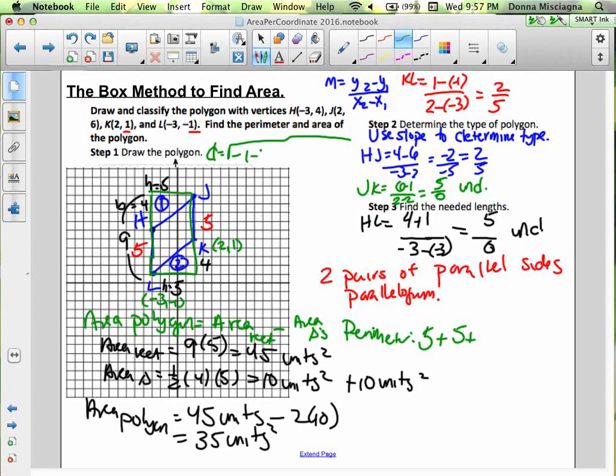Oops. I don't know why I put the y values first. This one, it's the x values. Let's see, -1 minus 1. -3 minus 2.